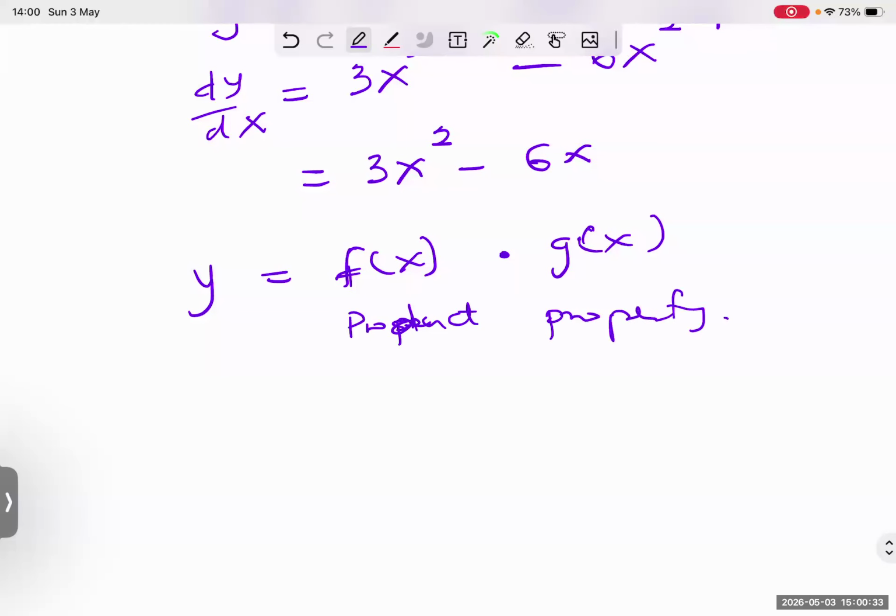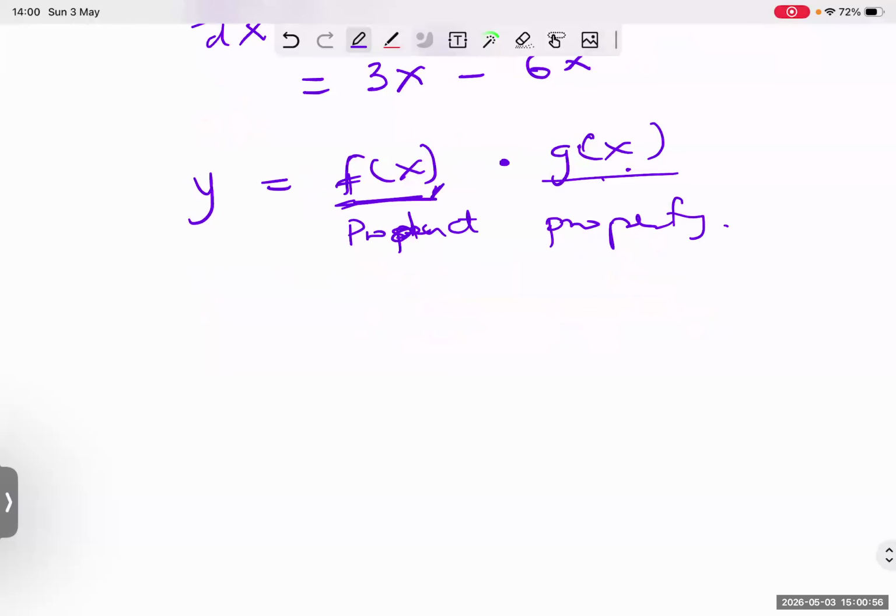And that is keep one of the functions constant, differentiate the other function, plus the reverse. So if you are keeping f of x constant, then it means that you need to differentiate g of x. Plus, this time around, you differentiate f of x and keep g of x constant. Any of them is allowed.